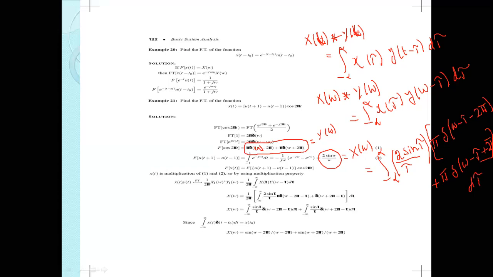Now we substituted X of omega and Y of omega in the convolution equation and split it into two parts as integrals. Integral from minus infinity to infinity of 2 sine tau by tau into pi delta of omega minus 2 pi minus tau, d tau. This is the first function.